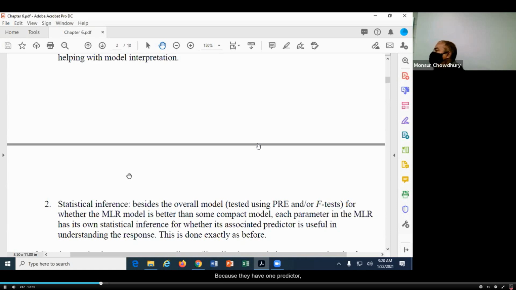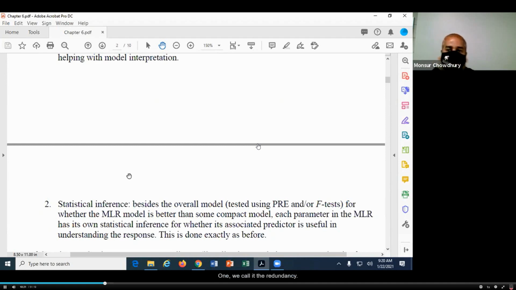Because we have one predictor, if the model is useful, that means this predictor is useful. But now we have more than one predictor, so we also need to check whether each individual predictor is useful or not. If it is not useful, we do not include this predictor in our model. That makes sense?